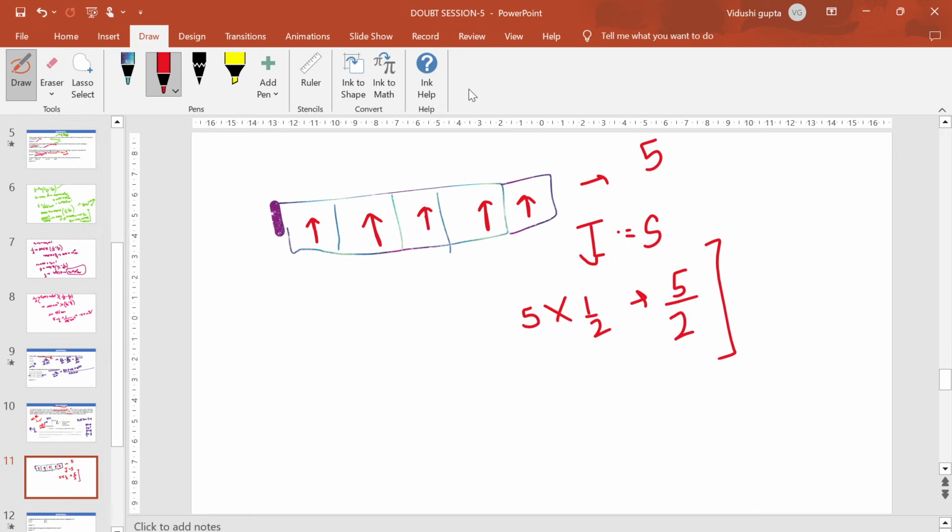Now, if we have 6 electrons or more than that, that means it is now more than half filled. So we will use L plus S. This will give you the J value.